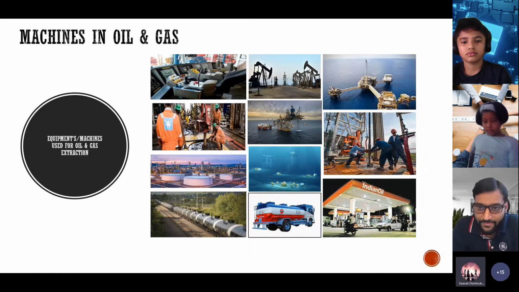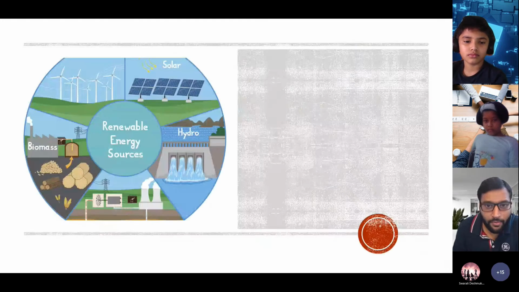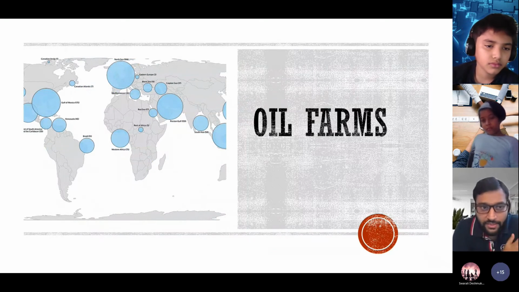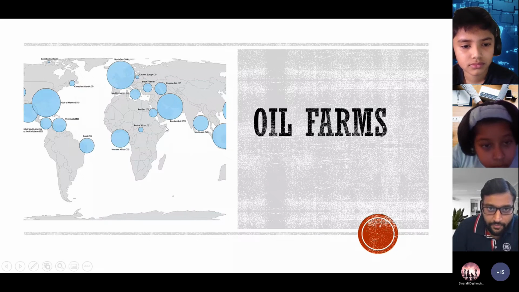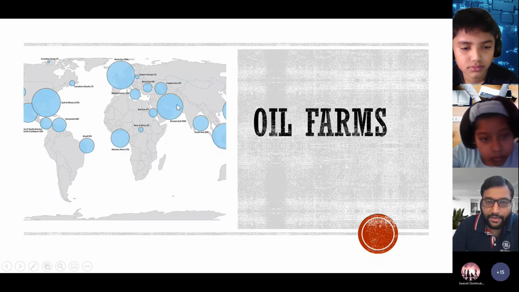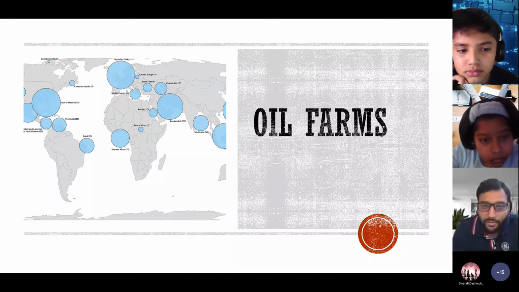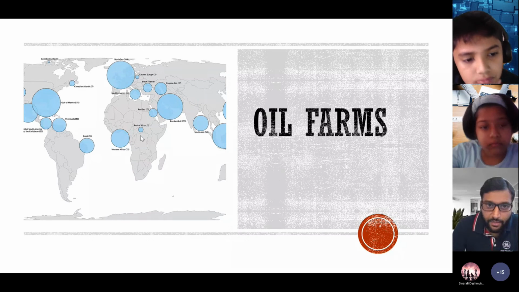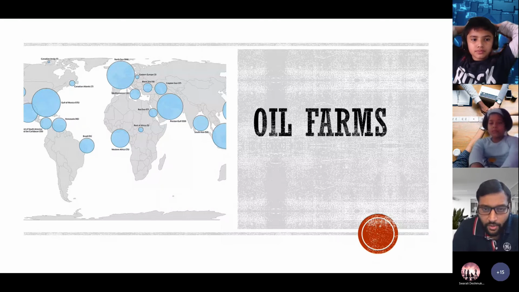Uncle, how is oil produced in Gulf countries? Right, good question. If you see, these are the oil farms across the world, right? So these are the Gulf countries that you see in between, correct? It is extracted in the same way: engineers go and drill the ground deep inside, almost 200, 300, 400 feet down.